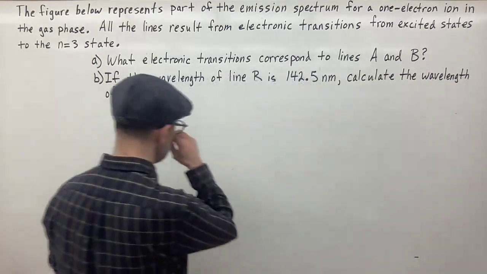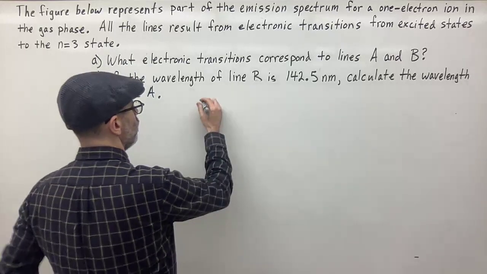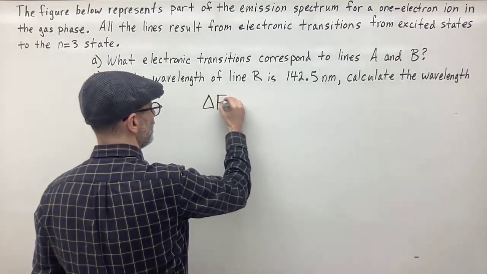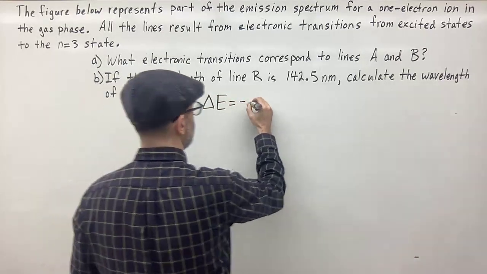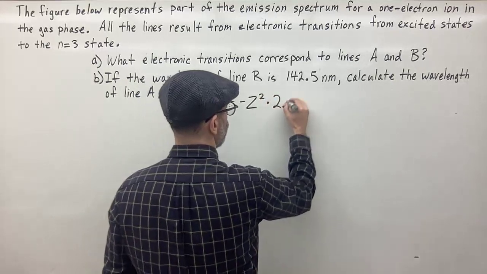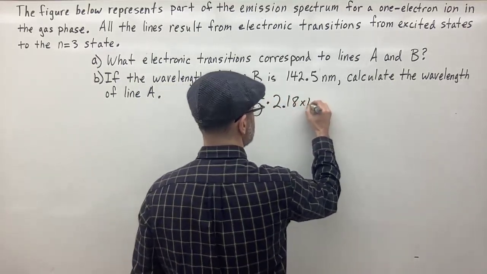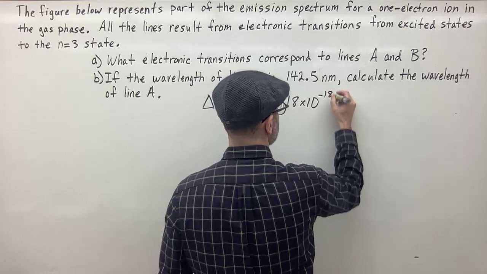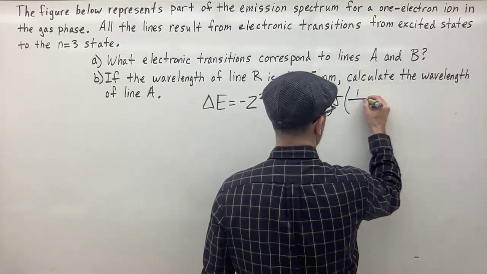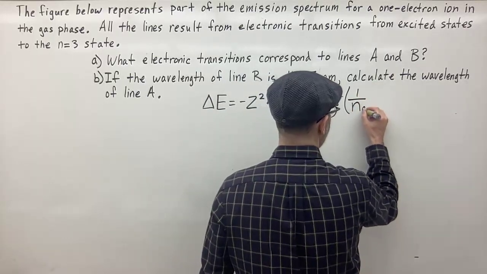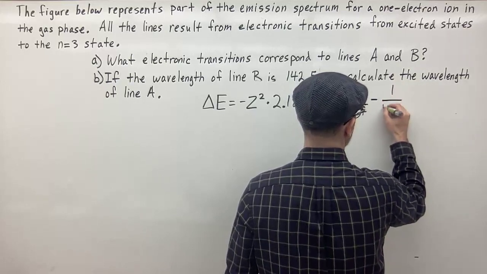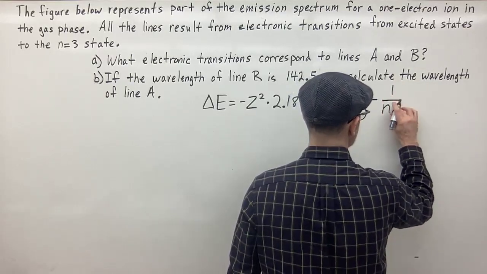Okay, so let's remind ourselves. The equation that we're going to use is delta E is equal to negative Z squared times 2.18 times 10 to the negative 18 joules multiplied by 1 over the NF squared minus 1 over NI squared.